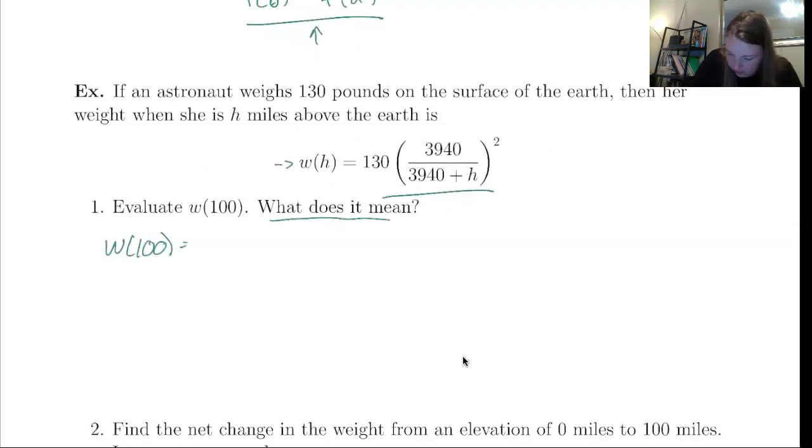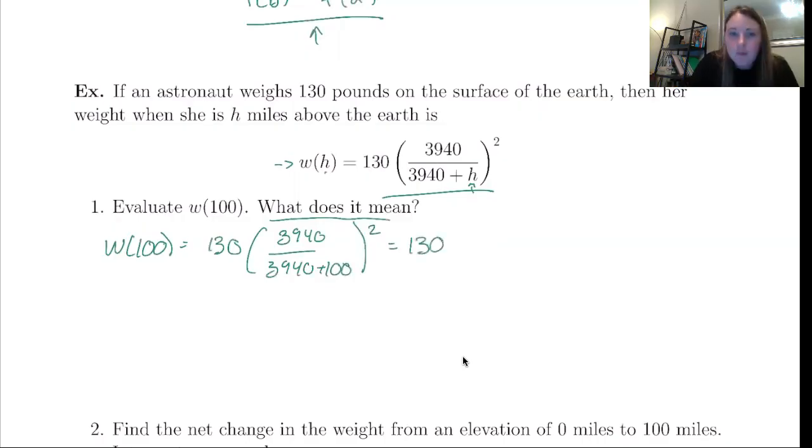Everywhere I see h, I'm going to put 100. So 130 times 3940 over 3940 plus 100, that quantity squared.